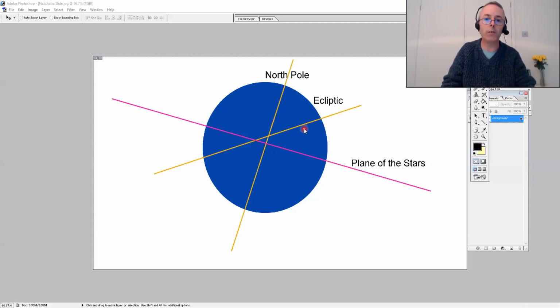So what the nakshatras are is the 27 equal portions of that stellar sphere, or the plane of the stars, where they intersect the ecliptic. Okay, but this can be calculated in a lot of different ways. I want to let you know that.